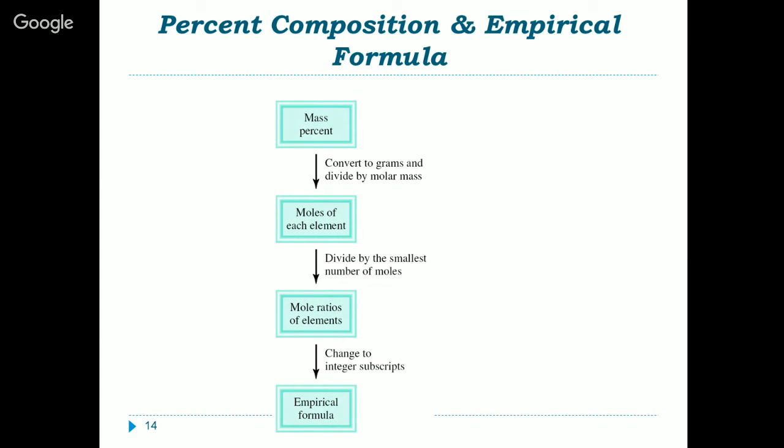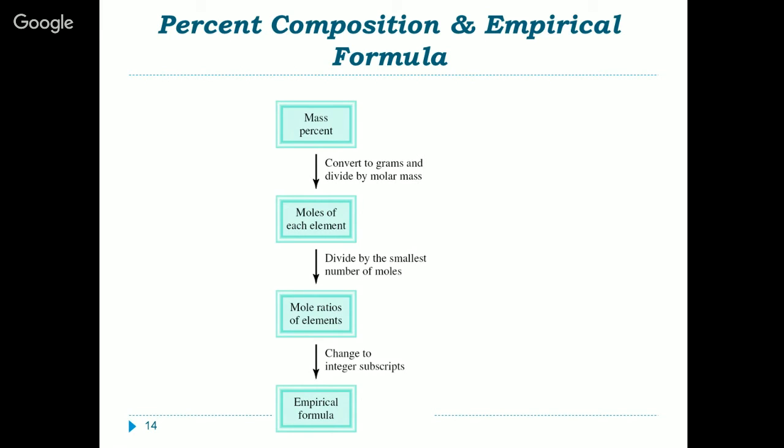If we're given a percent composition, we can then find the empirical formula. Recall, empirical formulas are your simplest whole number ratio of atoms in a compound. So it tells us nothing about the actual molecular formula or the structure of the compound. It just tells us the number and type of atoms that are present.